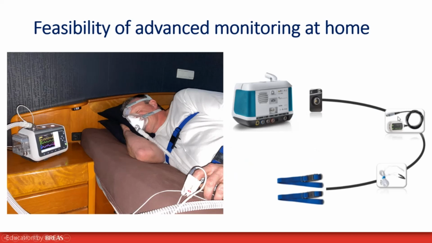These cables are connected to a small box, and this box is connected to the back of the ventilator. So it's very easy to explain, and we give a small hands-on to the patient. And you add an SpO2 sensor, and in my experience, there is very little failure. The only failure that we may have sometimes is when the patient does not tie the belt enough, then we have a loose signal, and we are not able to interpret.